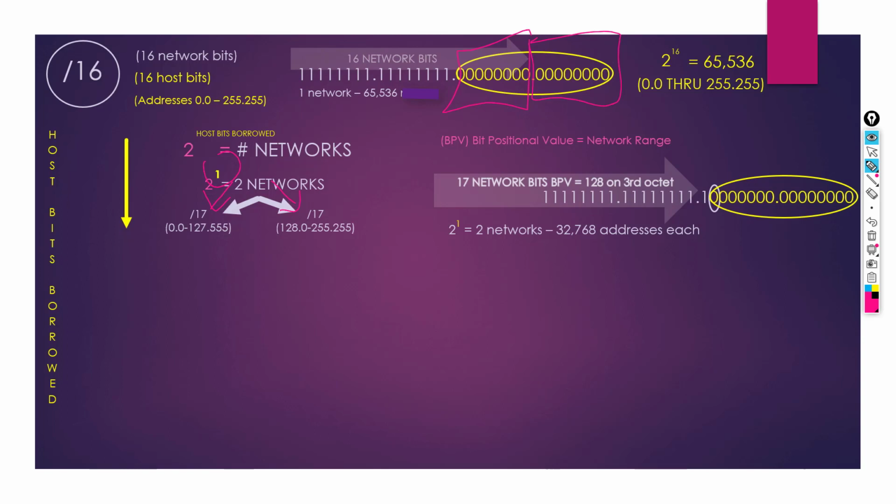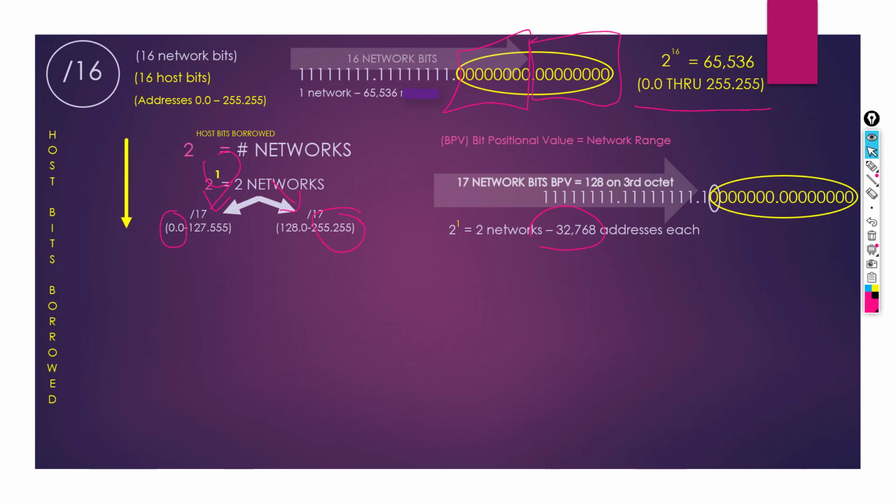But again, this range up here originally was 0.0 through 255.255, and you'll see this subnet starts at that and this subnet ends at that. So exactly the same networks, exactly the same size, 32,768 addresses in each one.